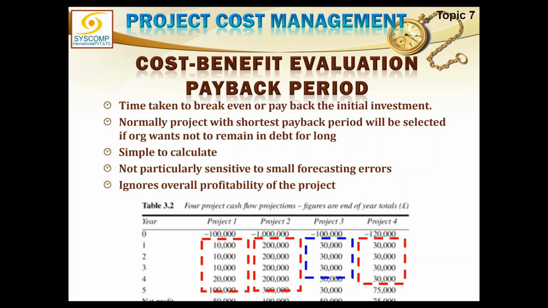It is deep into the fifth year that you will be able to recover all your money, and that 50,000 net profit shown here would only be yielded in the very last year. So the payback period for the first project could be something like 4.5 years.